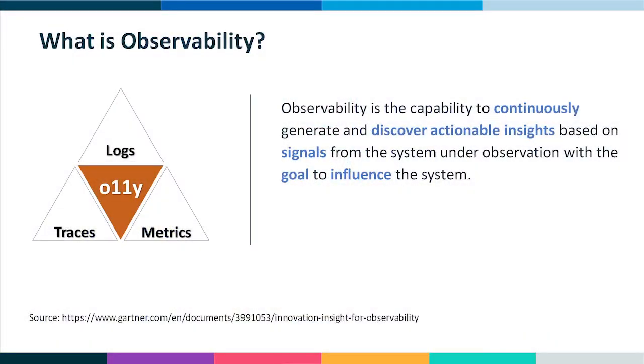The third point is high dimensionality. But what is high dimensionality? In terms of observability, you need more context in the data to understand the behavior, and of course you try to reduce the mean time to identify failures.